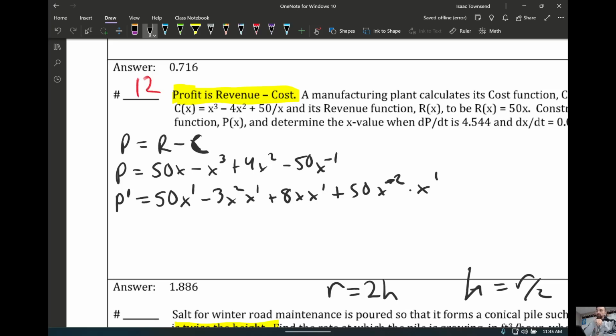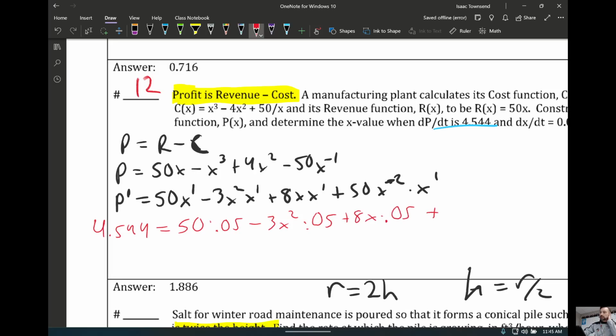Now, to finish this question, if you plug in all their information, like they tell you this is 4.544. They tell you x prime is 0.05.